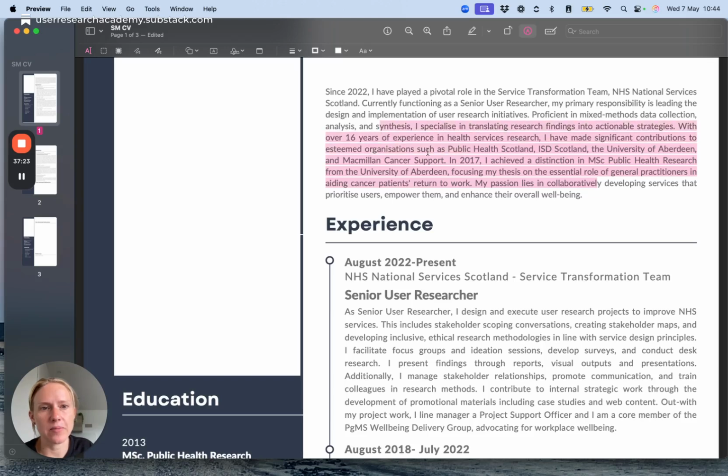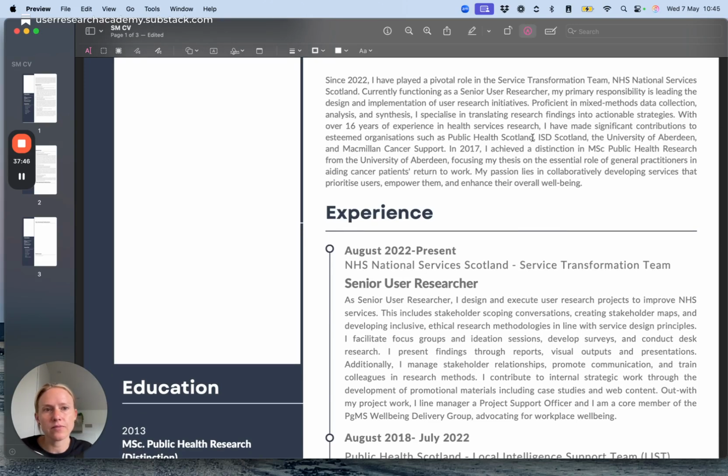That again would be something that I would recommend keeping in. But it's up to you, and it's up to whether you want to be a healthcare researcher only. Because if that's the case, then I would keep in that you specialize in public health research.